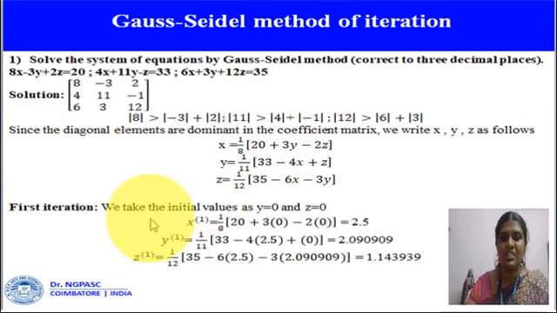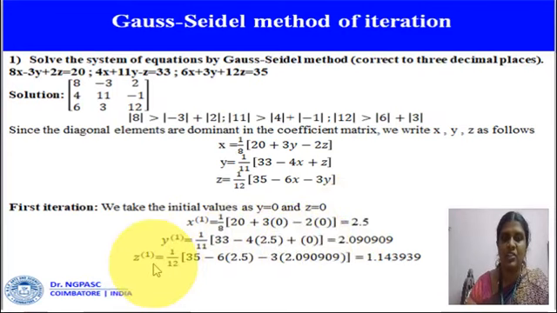Now in the first iteration, the y and z values must be the initial value 0. Substitute those values in the first equation, that is your x equation, and get the value of x. Now in the y equation, you have to substitute the x value which you have got here and the z value as 0 itself.